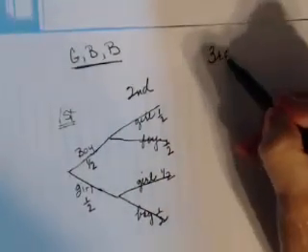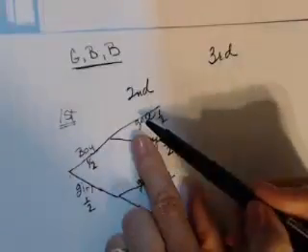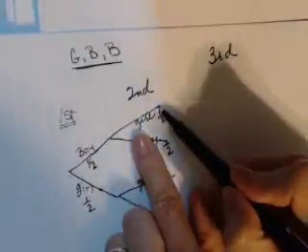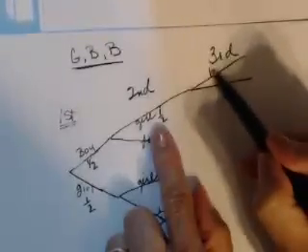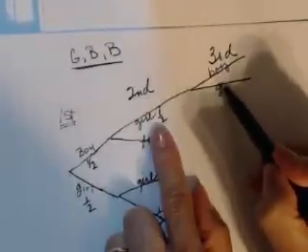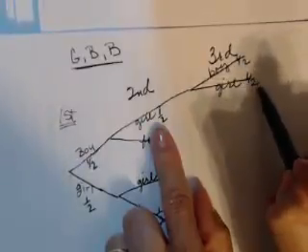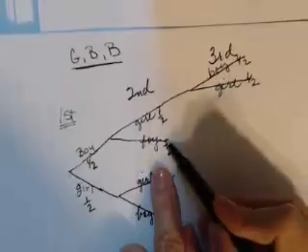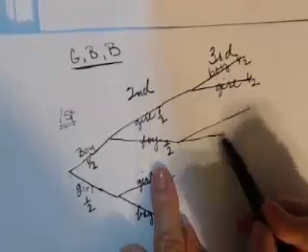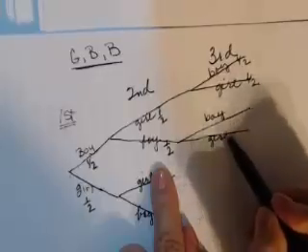Then the third child, if the first child is a boy, the second child a girl, then the third child could be a boy or a girl. If the first child is a boy and the second child a boy, the third child could be a boy or a girl.